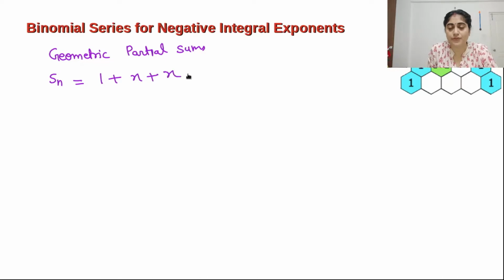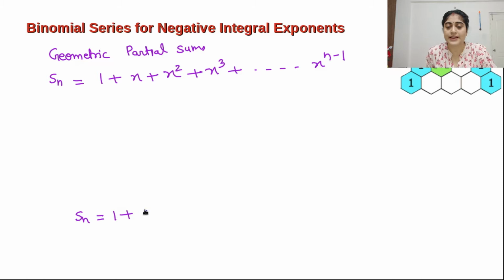This is the summation of n terms, where the first term has x to the power of 0, and the nth term has x to the power of n-1.